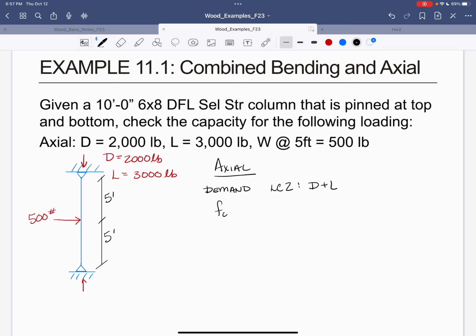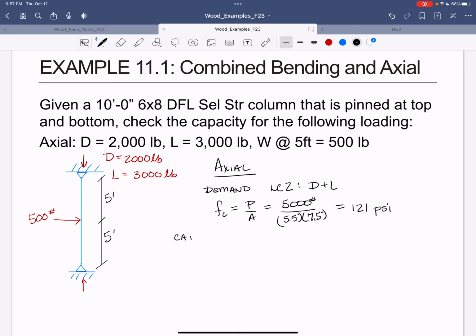The stress is P over A. In this case, dead plus live would be 5,000 pounds over the area of the 6x8 column, and that's 121 psi. So that's our demand stress.